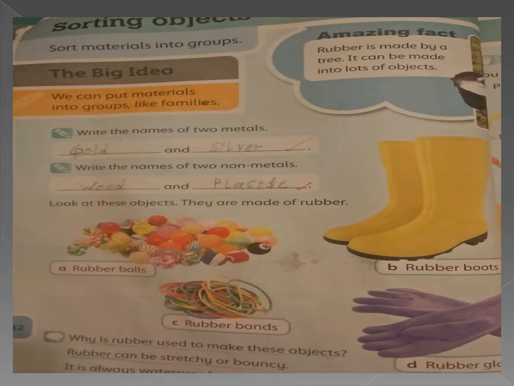Okay, so these are non-metals and we group different materials according to their color, shape, how hard and how shiny they are. Usually the metals are very shiny, as gold. You can see gold is shiny. Silver is also very shiny. But the non-metals are not shiny as the metals are.